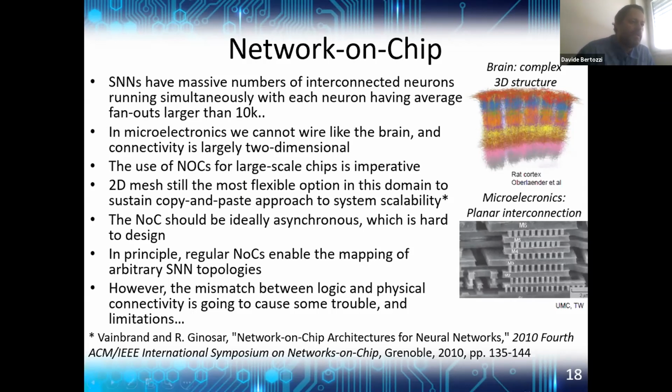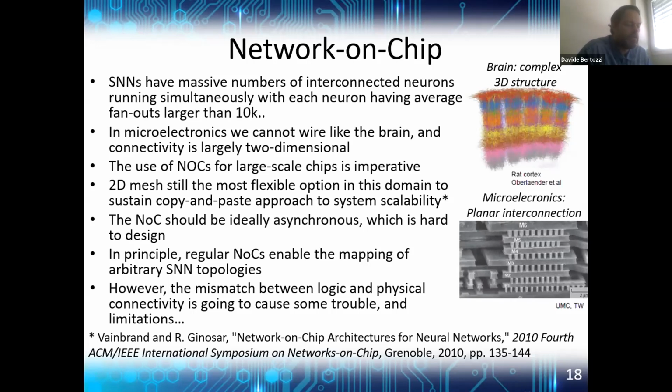Because as you can see here on the right-hand side, the brain has a complex 3D structure. And each neuron, on average, projects to roughly 10,000 destinations. That's an impressive fan-out. In contrast, connectivity in a typical silicon fabrication process is largely bidimensional, with limited flexibility in the third dimension.